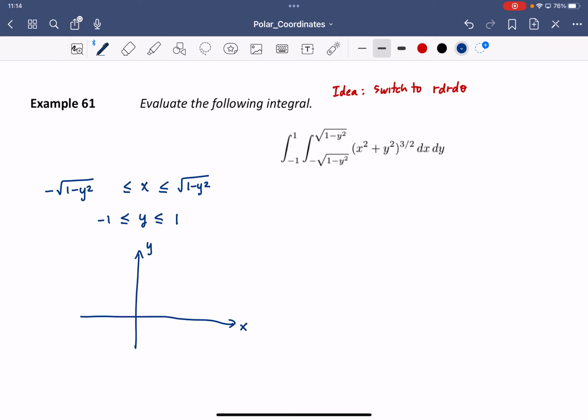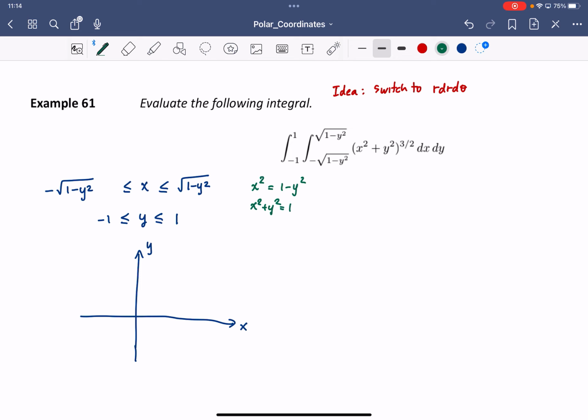On the y and x axes, if you simplify the boundary here, you can see this is actually one equation that you need. You square it, so you have x squared equal to 1 minus y squared, and then you have x squared plus y squared equal to 1.